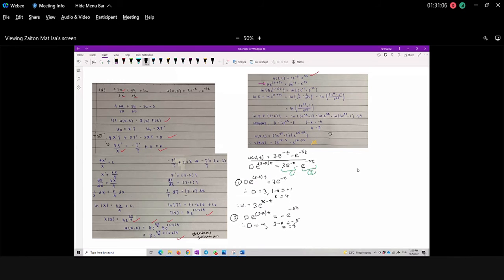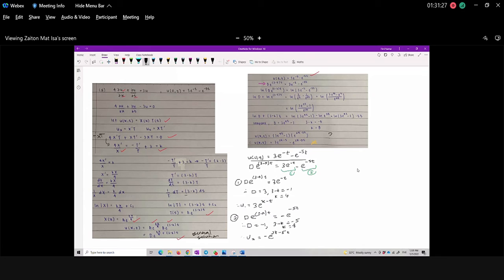So this time we get minus 1 times e to the power of kx over 4, k is 8, so 2x, and 3 minus 8 is minus 5, so minus 5t.